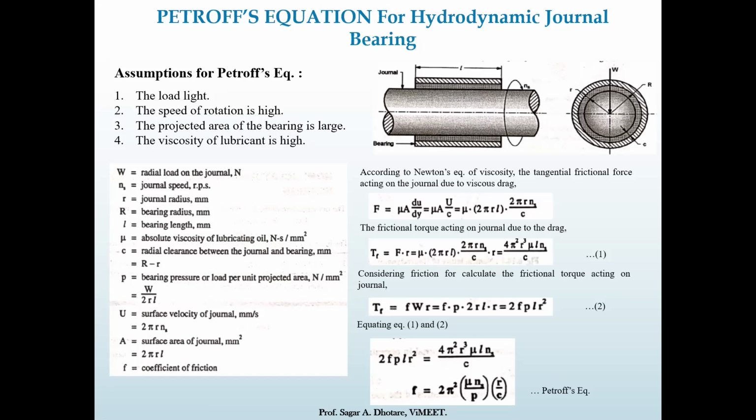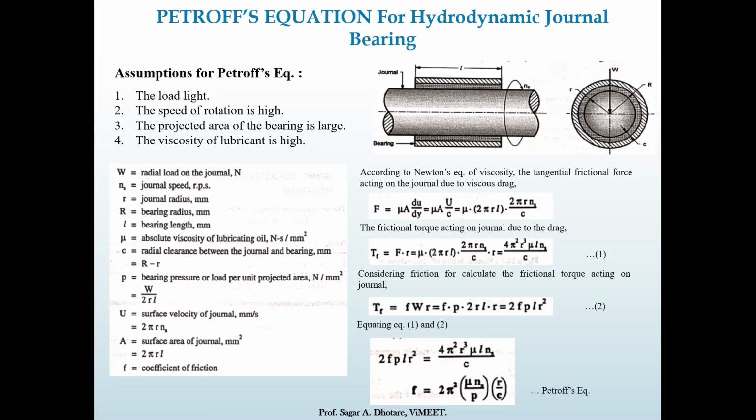Here, small r is the radius of journal, capital R is the radius of bearing, L is the length of bearing, c is the radial clearance, small p is the bearing pressure, and U is the surface velocity of journal in meters per second, A is the area, and f is the coefficient of friction.